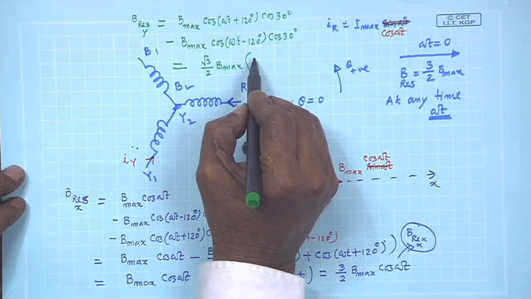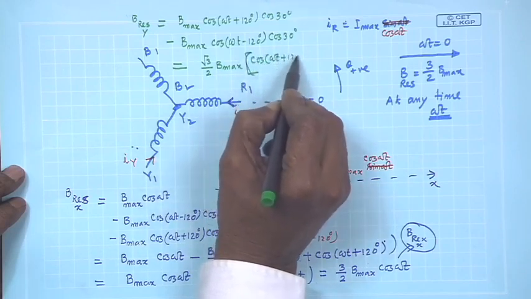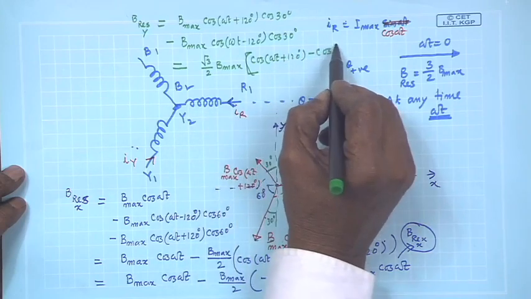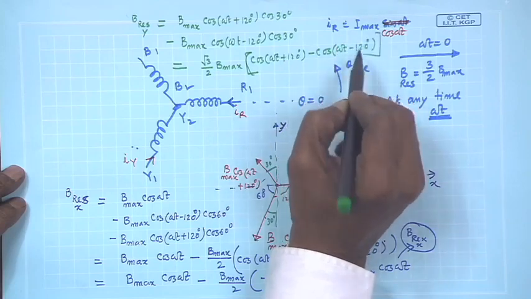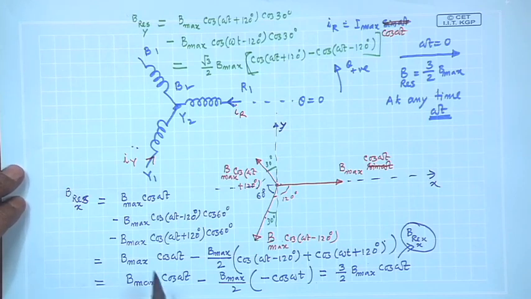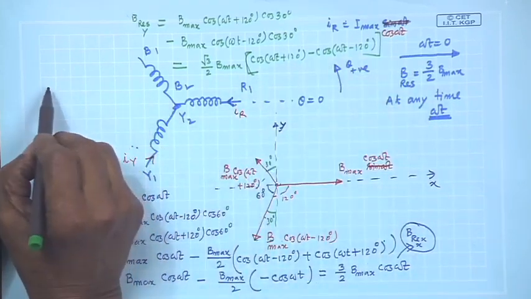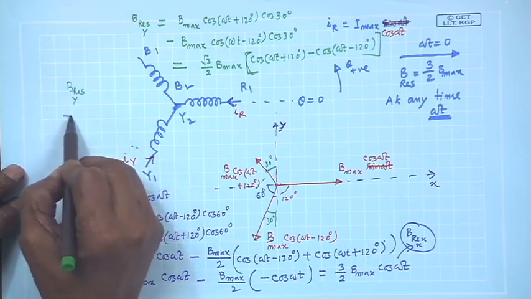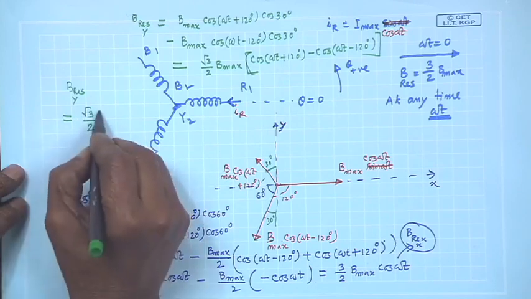and you will be left with cosine omega t plus 120 minus cosine, is it correct now, omega t minus 120. Hopefully, no mistake anywhere, resultant of this one. So, this will be the thing, and B resultant y will be root 3 by 2 B max.